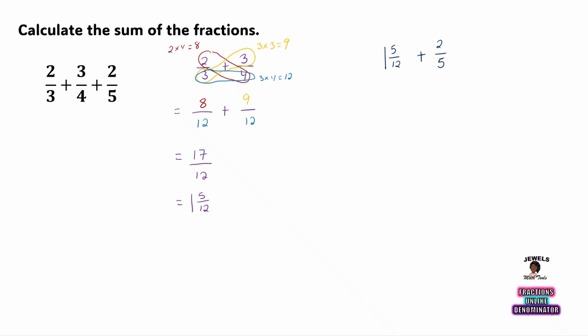For this question, instead of focusing on my 1 whole, I will leave that out for now and just focus on my fractions and then add the 1 whole back to my answer at the end. So let's begin our cross multiplication. I'm multiplying my numerator of 5 times my denominator of 5, so 5 times 5 will equal 25.